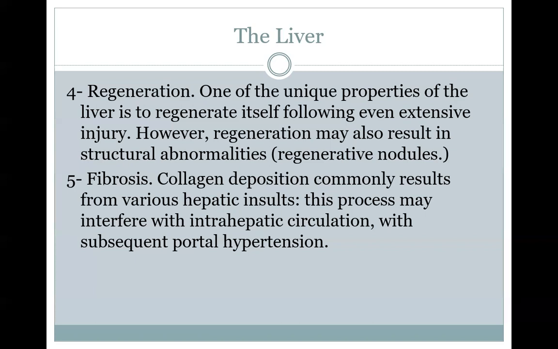And this fibrosis may start in the portal tract, and then it may start to, quote unquote, bridge. It will start to connect with nearby fibrous foci, if you will, creating what you call a bridging fibrosis. And we will see how this bridging fibrosis happens and what it will result in.